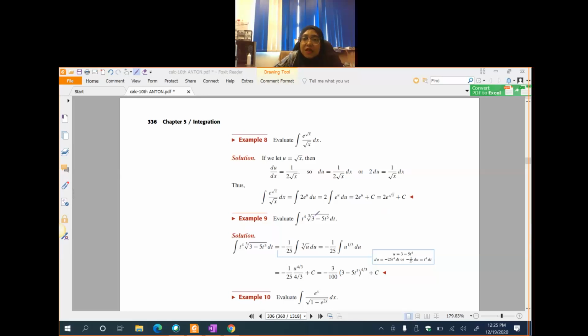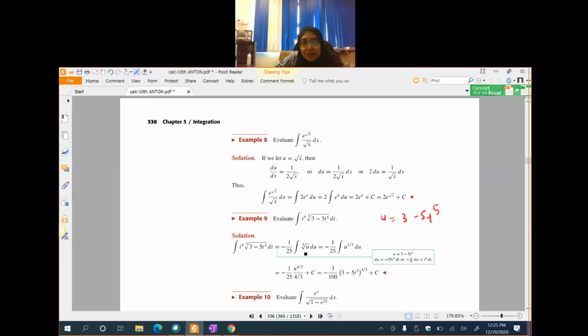So for the u, if you want to try substitution, when it involves a square root or cube root like this, you can always try the u that represents the function under the square root or the cube root. So the u here will be 3 minus 5t to the power of 5.